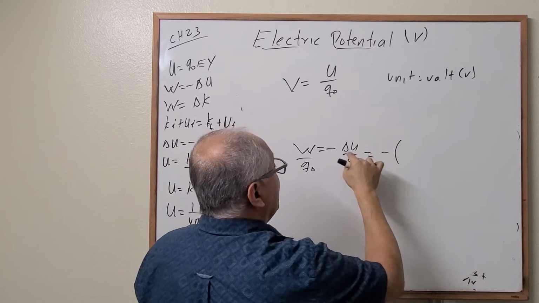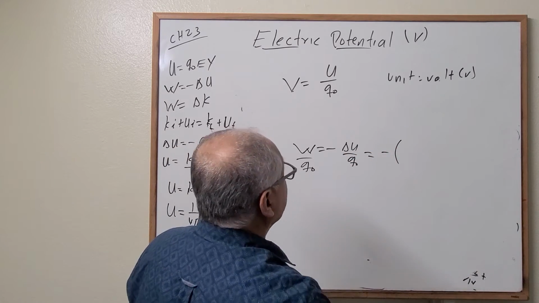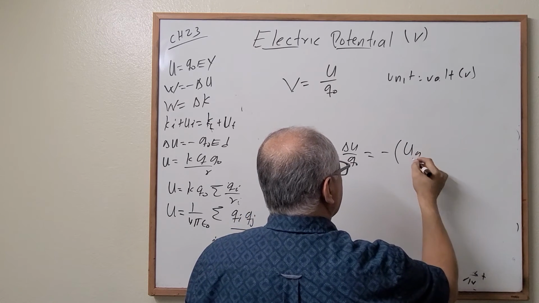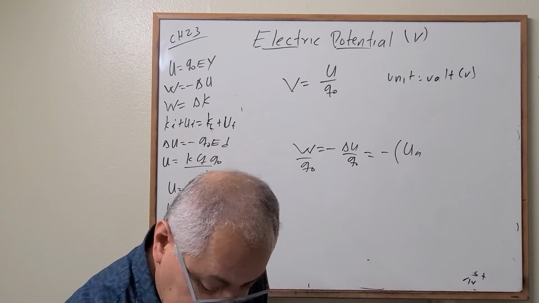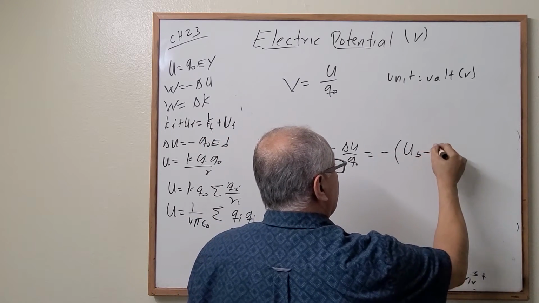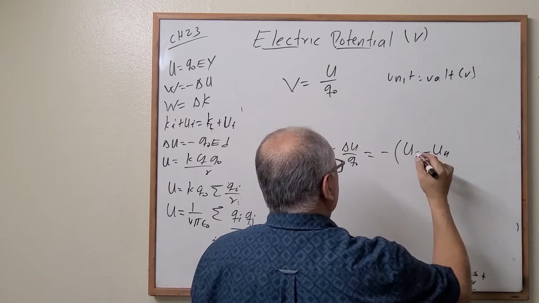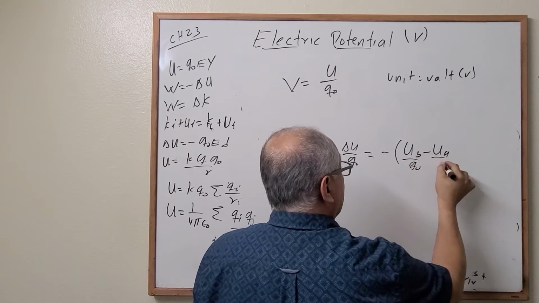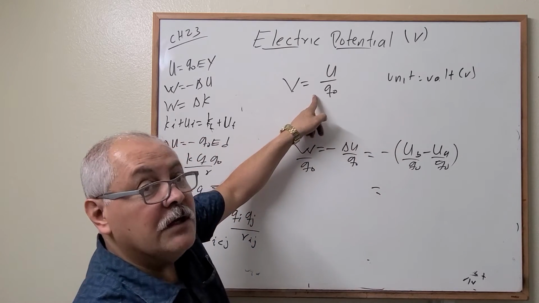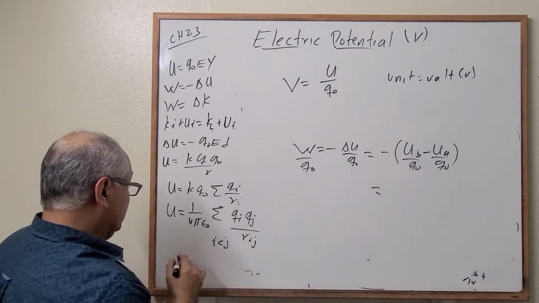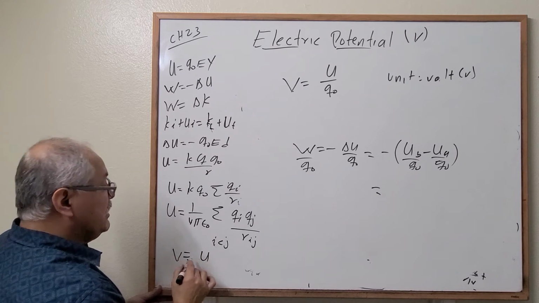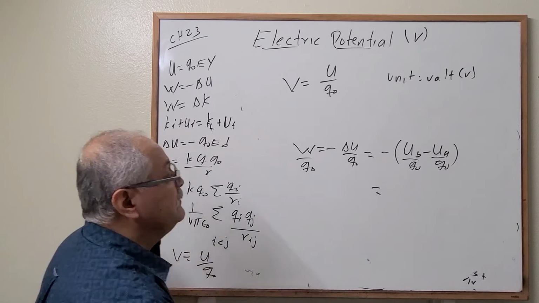This is negative the change in potential energy, which is the potential energy at B minus the potential energy at A, divided by Q naught. What is this? Well, this is the definition right here for electric potential. Electric potential is defined as electric potential energy divided by the charge.